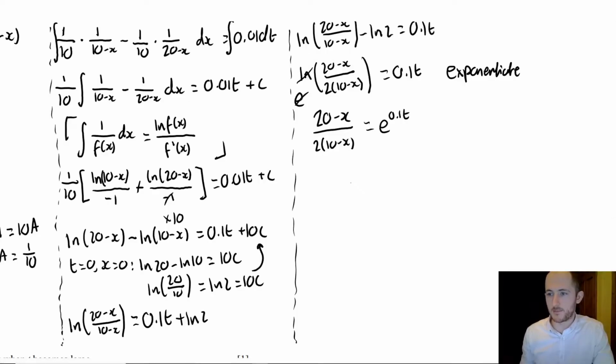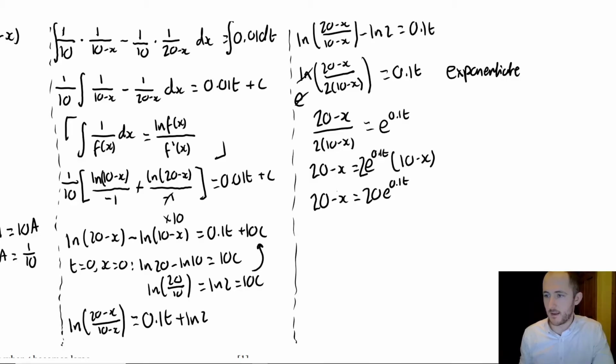Times both sides by the denominator here, because we don't like fractions. We get 20 minus x equals e to the 0.1t. Since we've got a 2, we're actually going to put 2e to the 0.1t times 10 minus x. Now you want to expand the brackets. 20 minus x equals 20e to the 0.1t minus 2x e to the 0.1t.